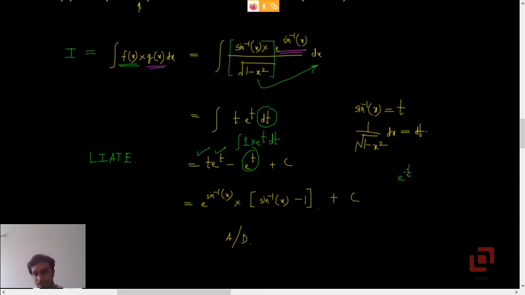So if you take it common, in the bracket you will have t minus 1 then plus c. But what was t equal to? T was equal to sine inverse of x. So it will be e to the power sine inverse of x into sine inverse of x minus 1 plus c. So either A or D. We already noted that these two options were identical.